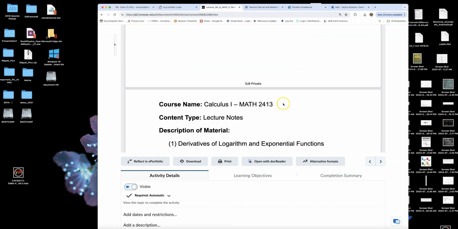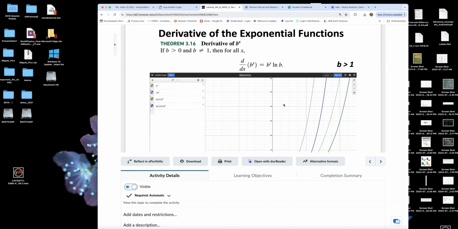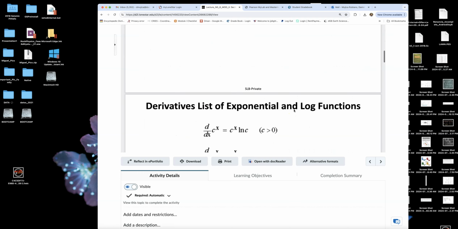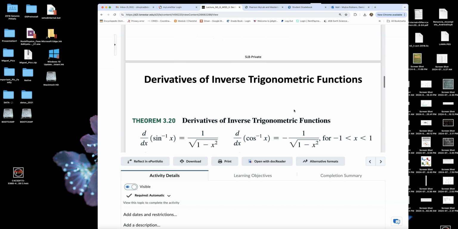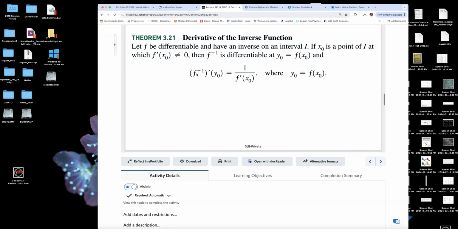This lecture is about this statement here from theorem 3.20 and this statement here from theorem 3.21.